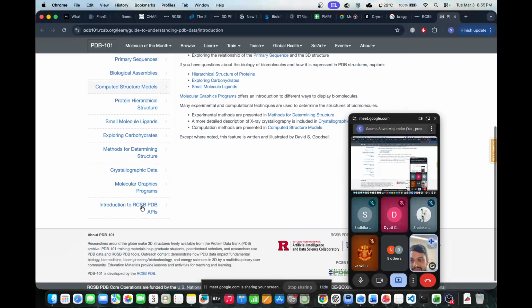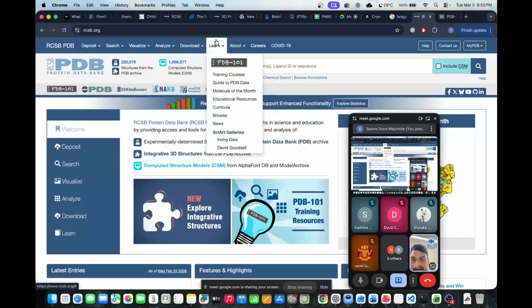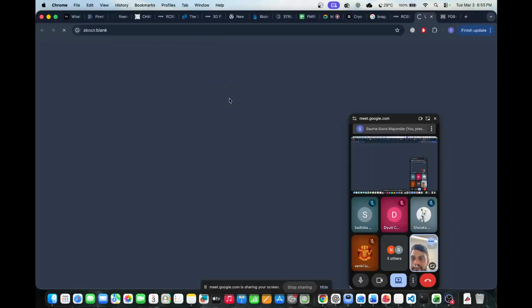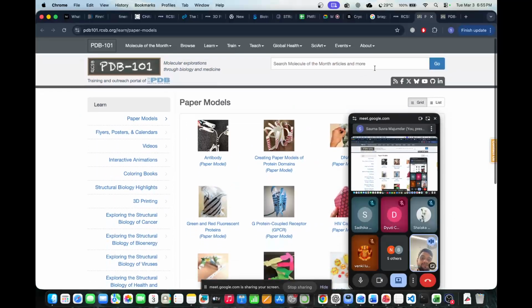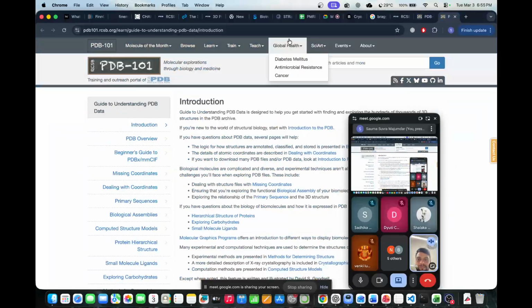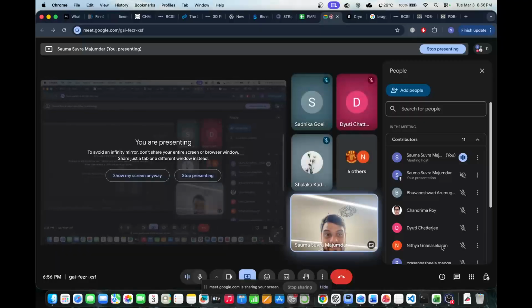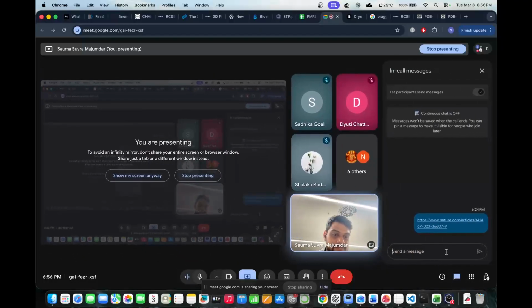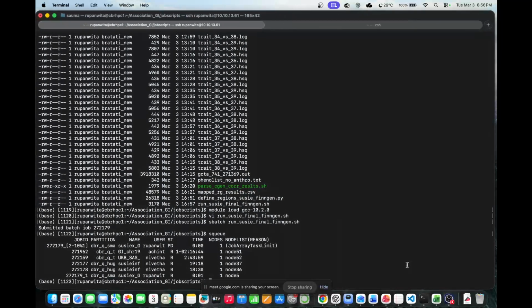In this particular section, this is one section, and there is another one, I think. These two pages, I'm going to put this link here, if you want to learn more about PDB formats. If you want to work in biophysics related things, specifically proteins, PDB is something that you will have to encounter almost every day.